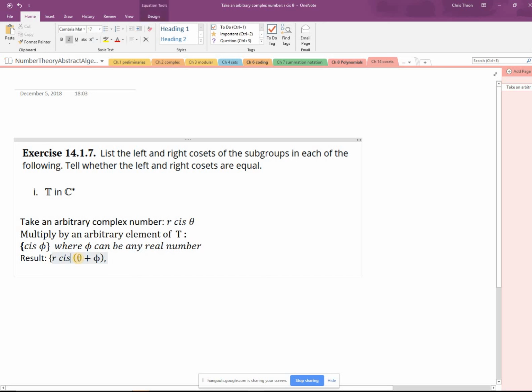So the result is going to be a set of numbers in the complex plane. Are you with me? Phi is any real number. Okay. Now, what does this set look like?